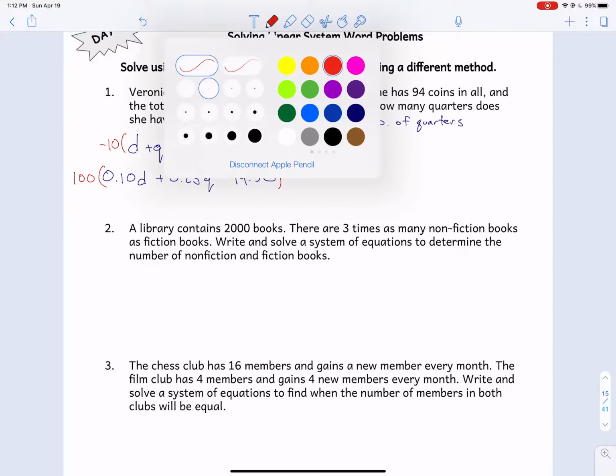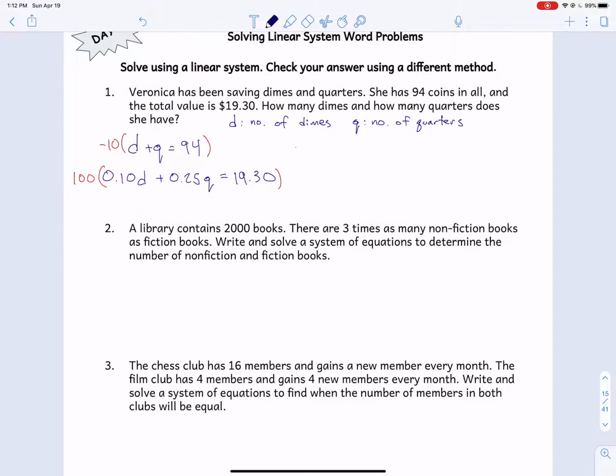So let's rewrite this. We have negative 10D, and remember to multiply the negative 10 times each of the terms, negative 10Q equals negative 940. And the second equation, just moving the decimal 2 places over, is 10D plus 25Q equals 1930.